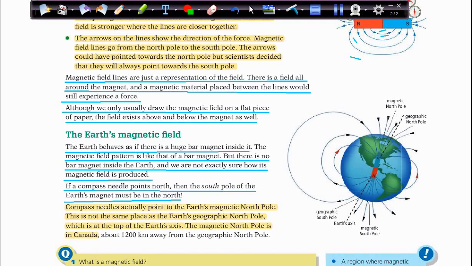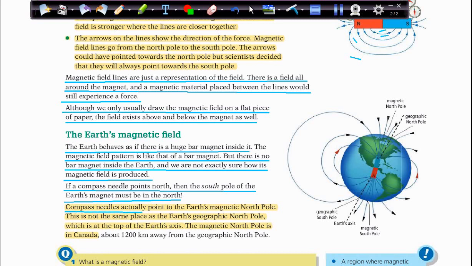Because here the compass always points to the North Pole of the Earth, not the geographic one, like Antarctica or something. No. It will line to the North Pole of the Earth only. So maybe the South Pole will be in the north of the Earth.